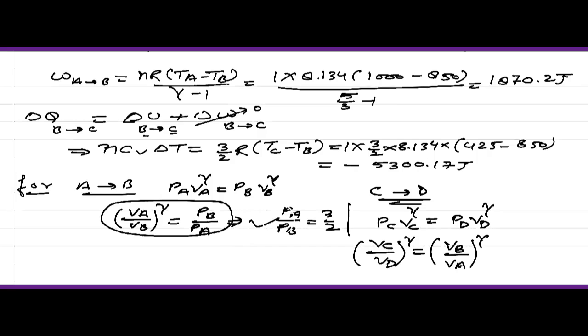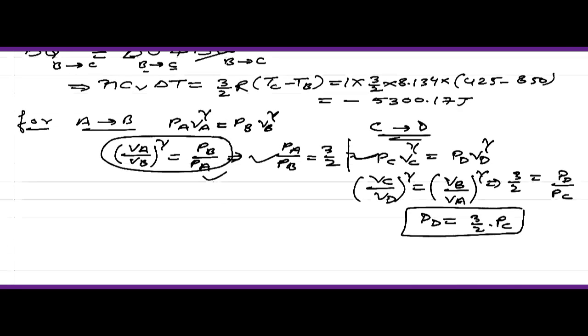We compare these two equations and we can find that it will become 3 by 2 is equal to PD divided by PC. So we can say that PD is equal to 3 by 2 into PC.